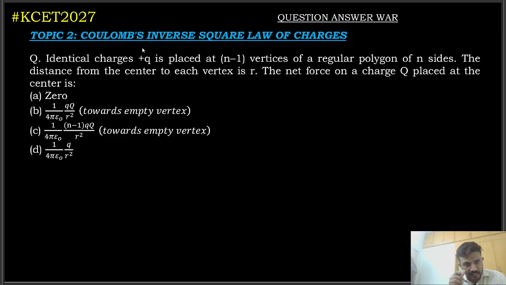Here, this is about symmetry. Identical charges plus Q are placed at n minus 1 vertices of a regular polygon. Here for our convenience let me consider a pentagon instead of n number of polygons, or you can consider a hexagon also. So total n vertices are there, but one is kept empty.